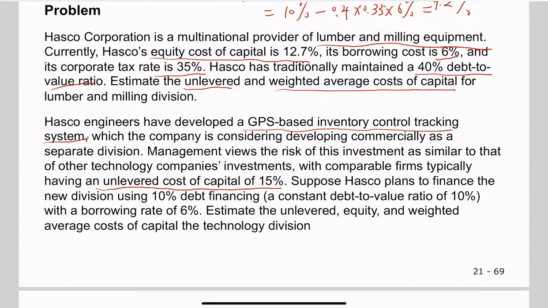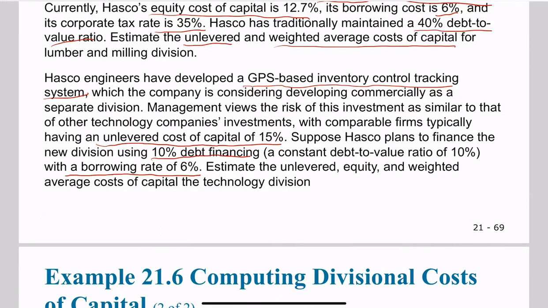And Haskell plans to finance the new project with 10% debt. And the debt has a cost of 6%. And now our task is to estimate the unlevered cost of capital, equity cost of capital, and WACC of this new project.